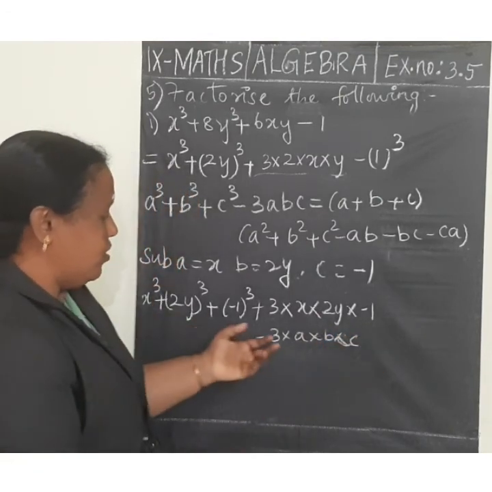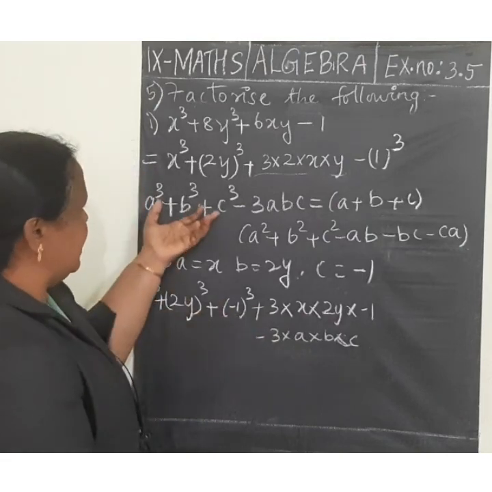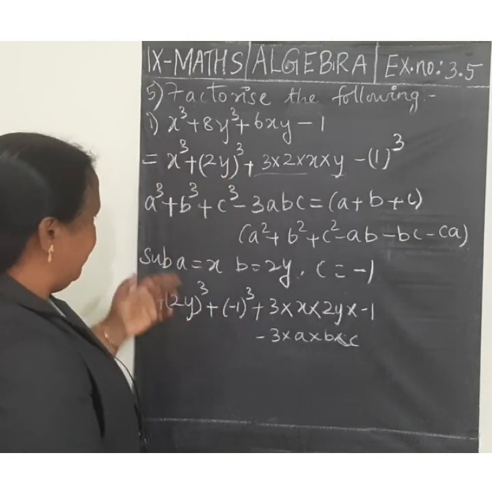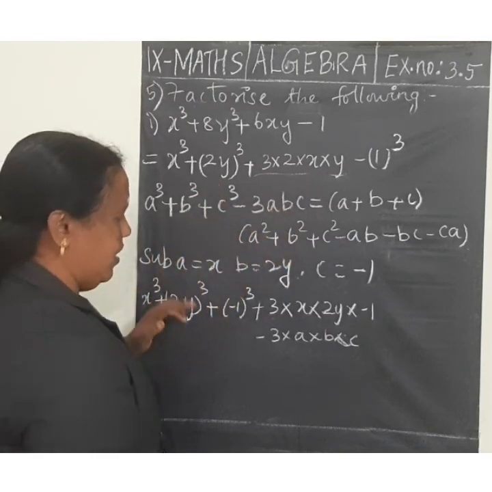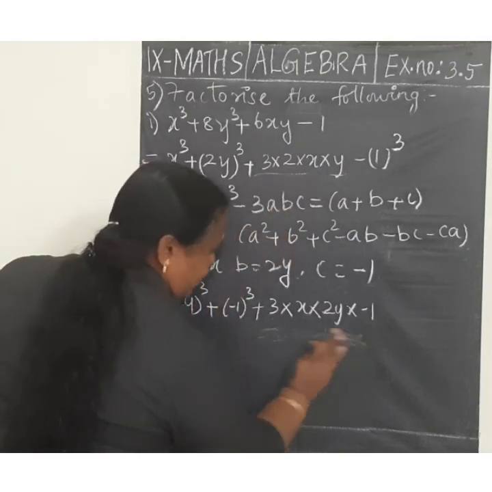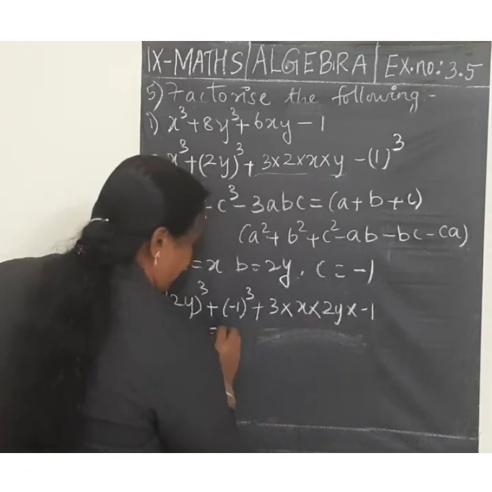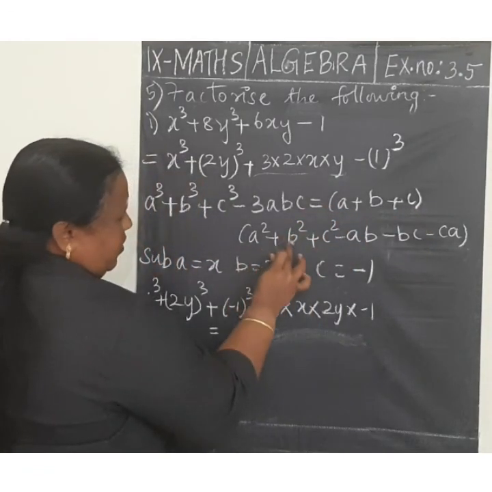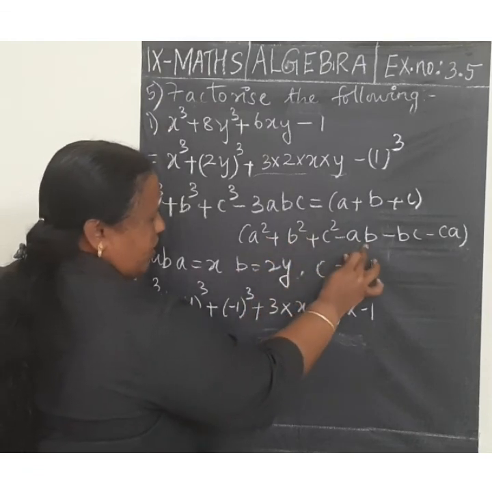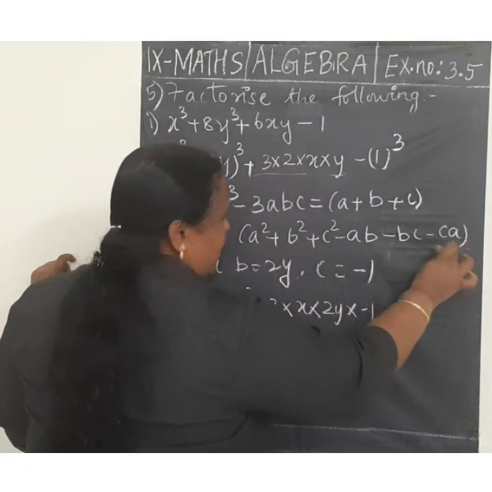So now we have written the given question in the form of a cube plus b cube plus c cube minus 3abc, and that is equal to a plus b plus c into a square plus b square plus c square minus ab minus bc minus ca.